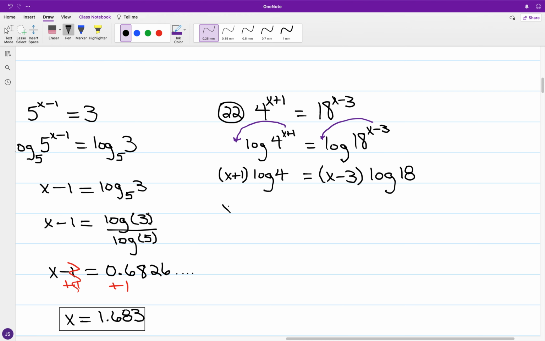We're going to have x times the base 10 logarithm of 4 plus the base 10 logarithm of 4 is equal to x times the base 10 logarithm of 18 minus 3 times the base 10 logarithm of 18.